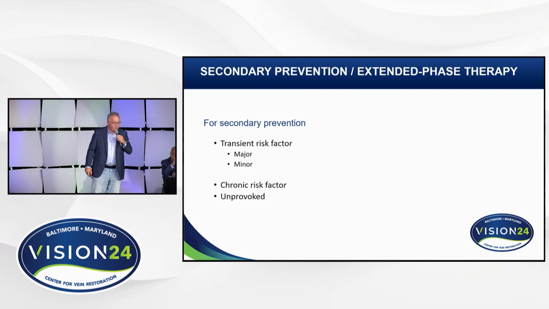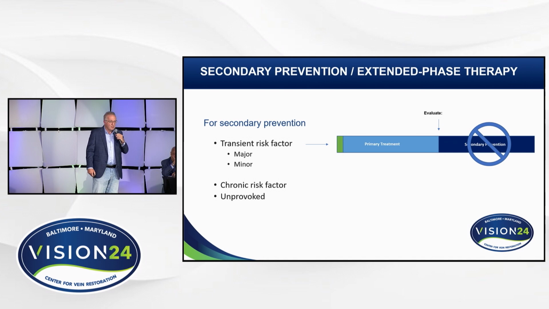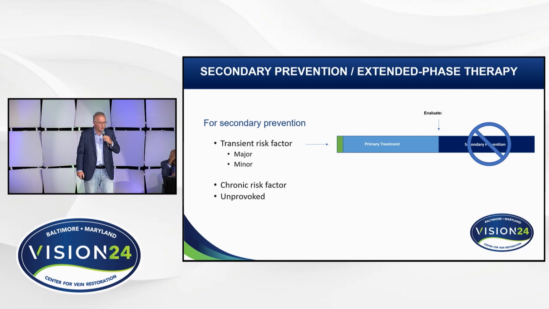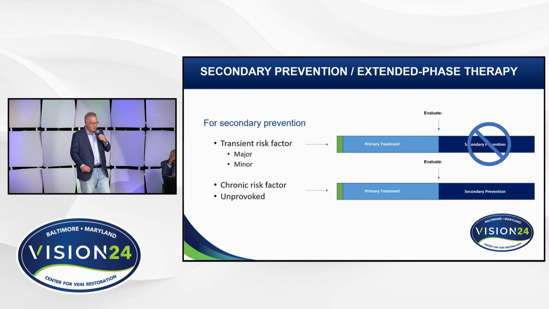Now, for secondary prevention, again, looking at risk factors, transient, chronic, or unprovoked, when you look at the transient risk patient, whether that's major or minor, after they complete their primary treatment, there's really no recommendation for secondary prevention. In the group of patients who have chronic risk factors, or unprovoked DVT, this is different.